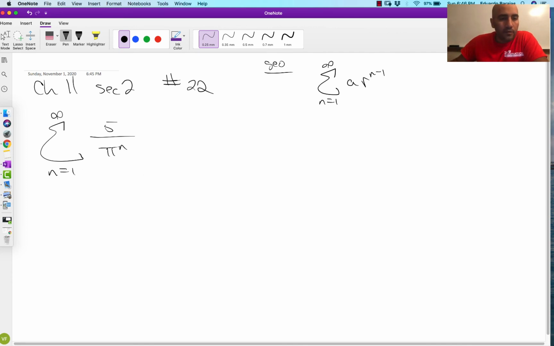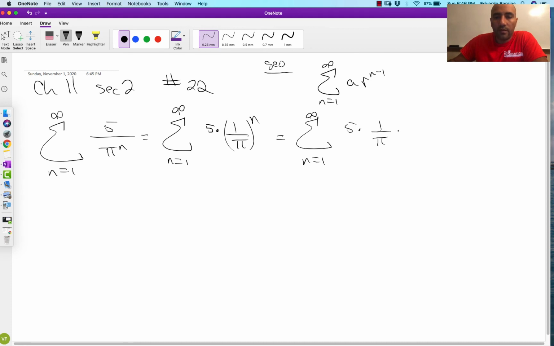Okay, so I'm just going to manipulate this a little bit, do a little bit of algebra. This is the same thing as 5 times 1 over pi to the nth power, which is equal to the sum from n equals 1, and then I'm going to rewrite it as 5 times 1 over pi times 1 over pi to the power of n minus 1, right, because this is to the power of 1.